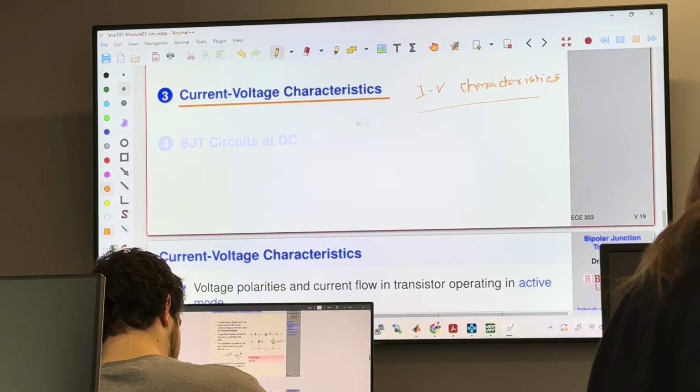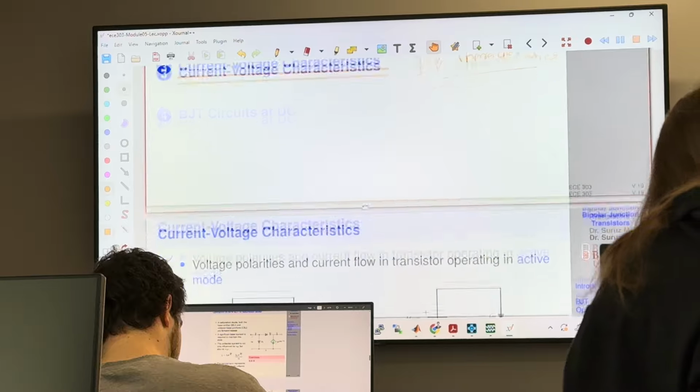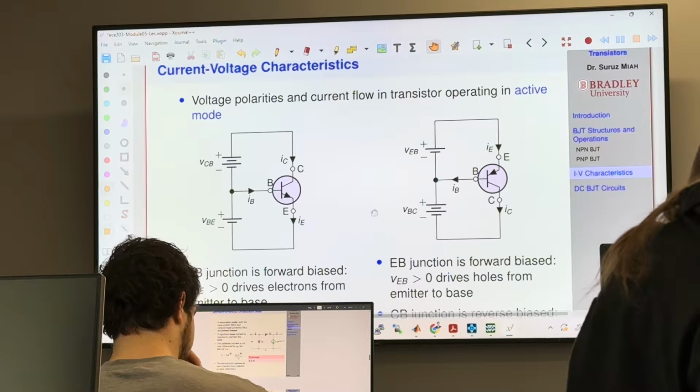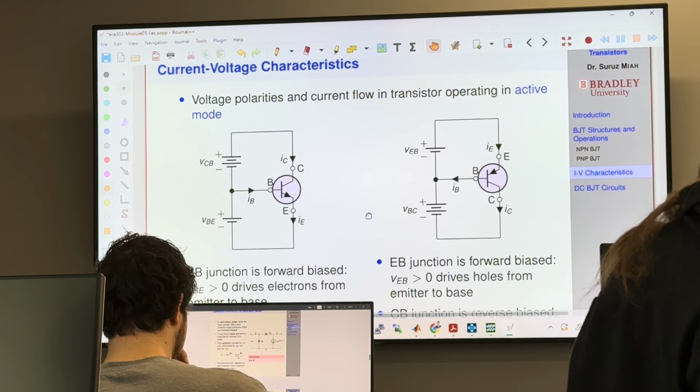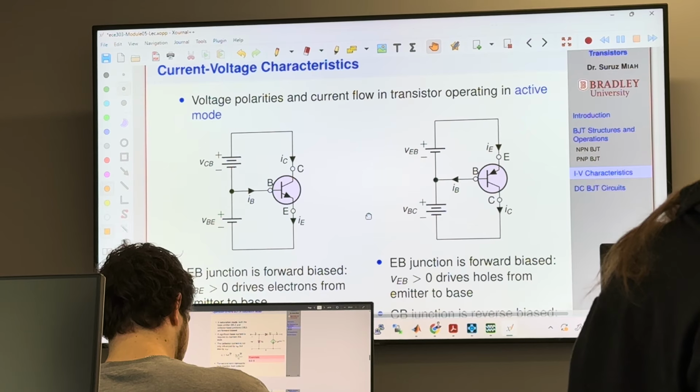So for these IV characteristics, we start with applying DC voltages.